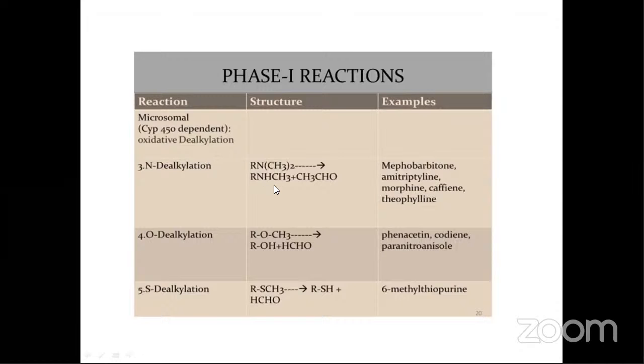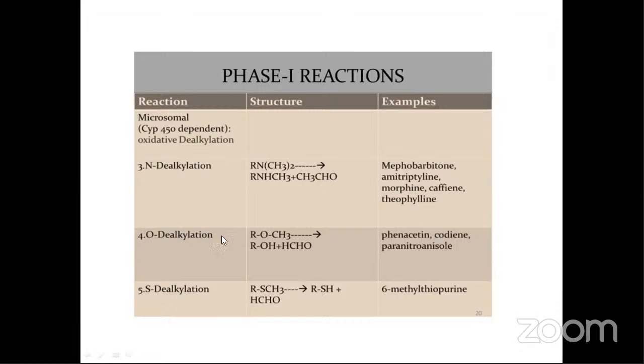You can see the alkyl group is attached at N. For that you have examples like MFO, barbital, amitriptyline, morphine, caffeine, theophylline. So dealkylation at the N position: methyl, alkyl or any propyl group, all will be removed.